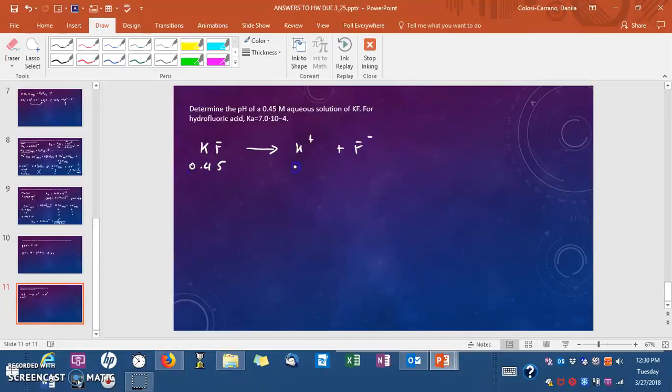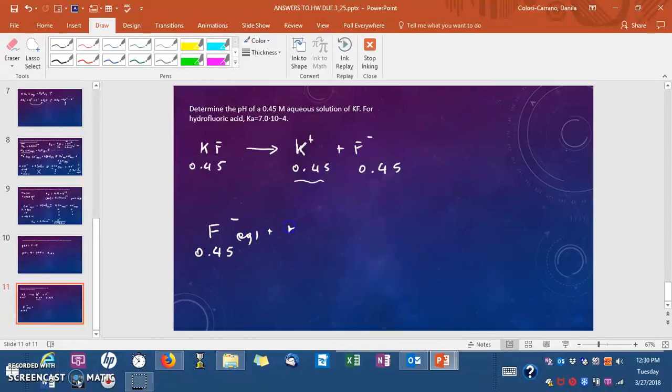The ratio is 1 to 1, so this is also 0.45, but K plus will never attach to the OH because it's a strong base, so we don't care about this one. But F minus is the amount we care about. So basically, we start the problem with the anion, of which you know the concentration, which is 0.45 molar, aqueous.